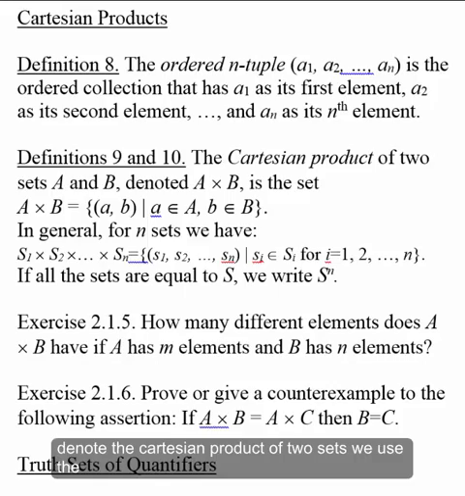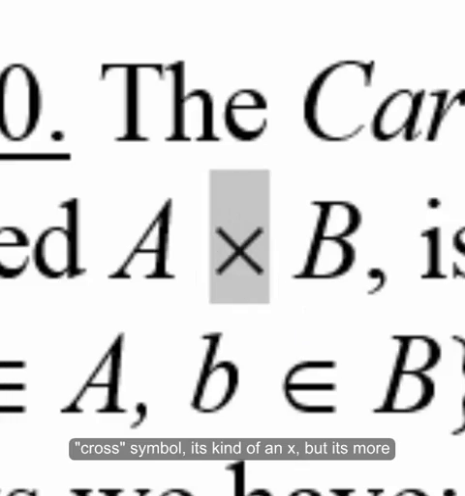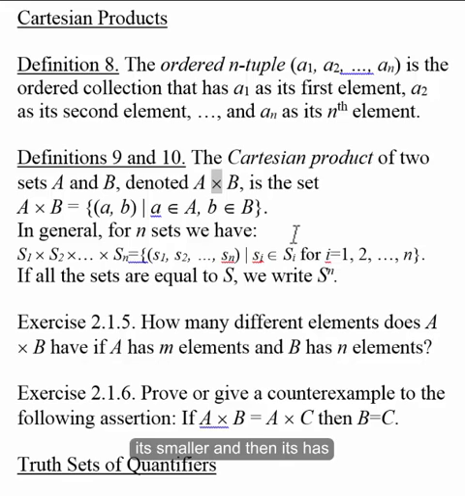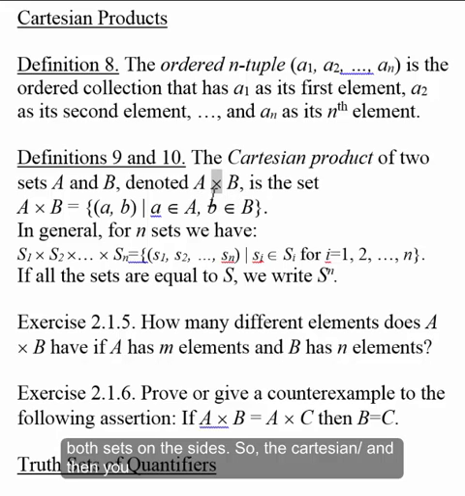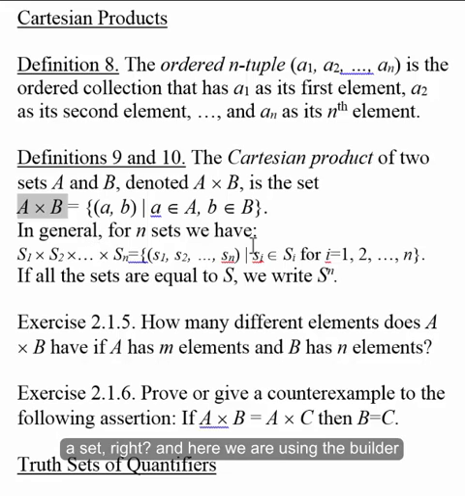To denote the Cartesian product of two sets, we use the cross symbol. It's kind of an X, but smaller, and then it has both sets on the sides. You read it as the Cartesian product of A and B, and that is equal to a set, right?